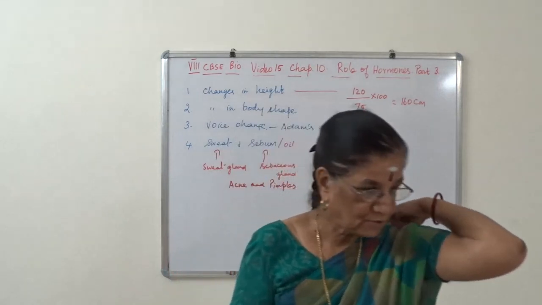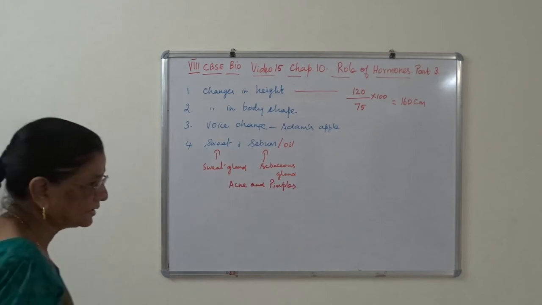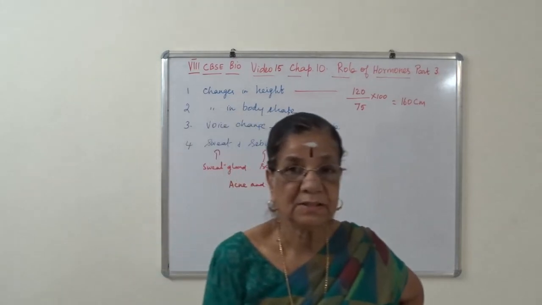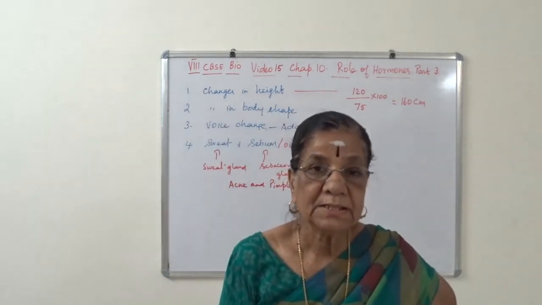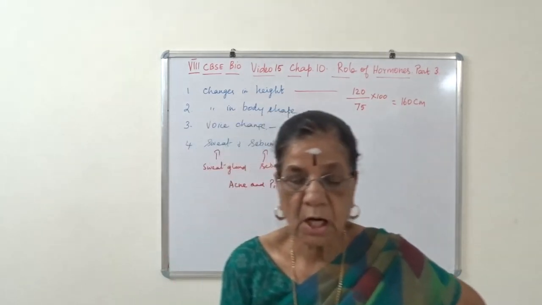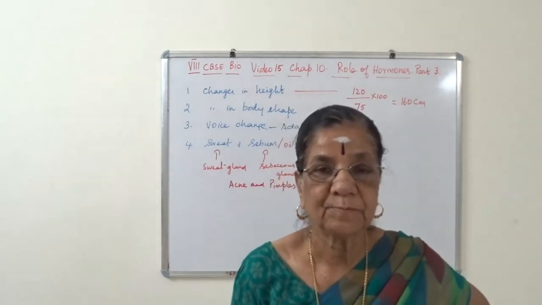Ductal gland secretions are sent via ducts, for example sweat gland, sebaceous gland, salivary gland and other digestive gland secretions. Whereas ductless glands, the endocrine glands, secrete hormones that are straight away poured into the bloodstream. I hope you follow.